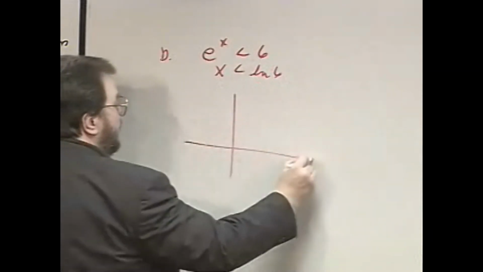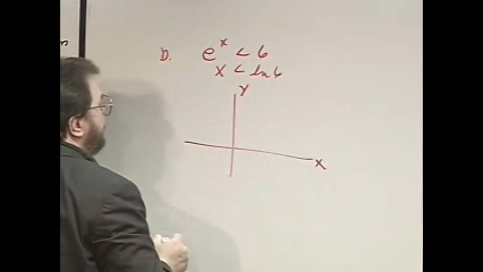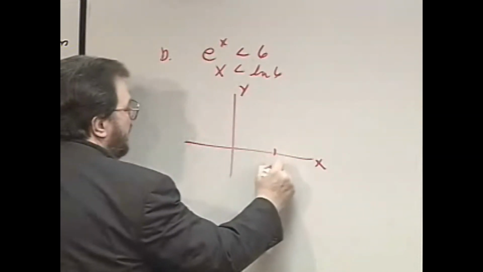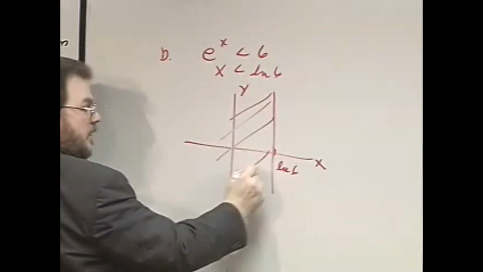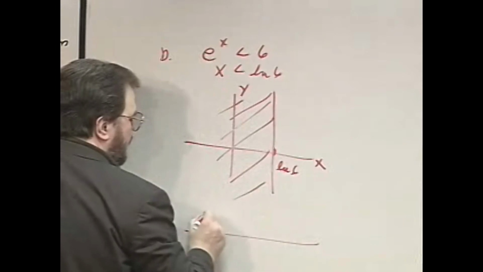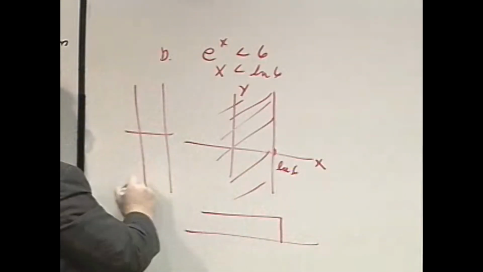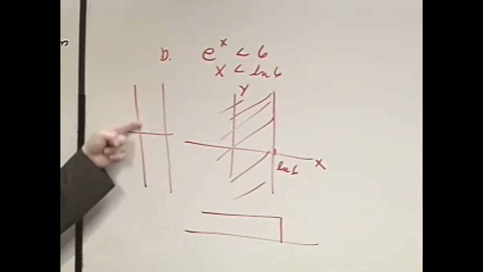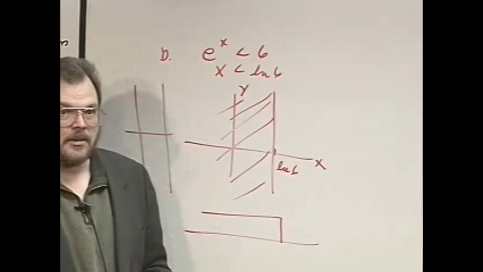Which means that if we look at this as a function of x and y, that we put the log of 6 here, and that it's all of these points, correct? And so this, in terms of separable functions, is equal to a function like this for x and a function which is all 1s for y. And if we multiply these two together, we get that wedge. So this would be separable. Okay?